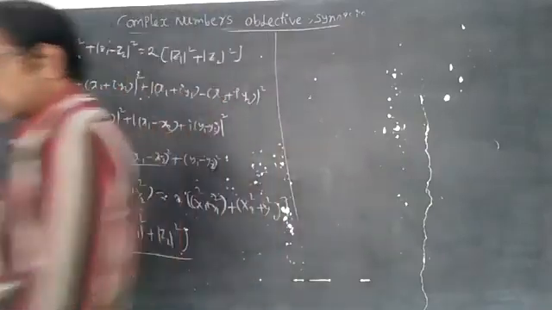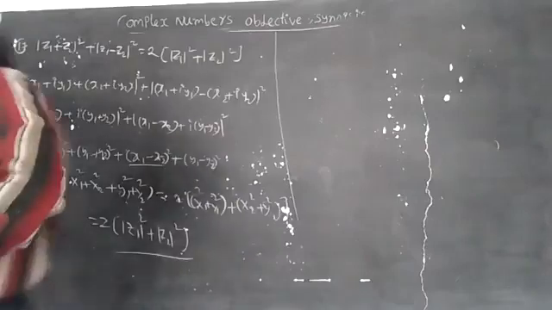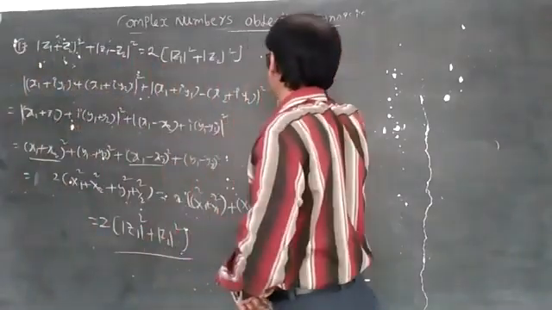Okay, let us discuss another one. z1 plus z2 whole square minus z1 minus z2 whole square. 18th formula.